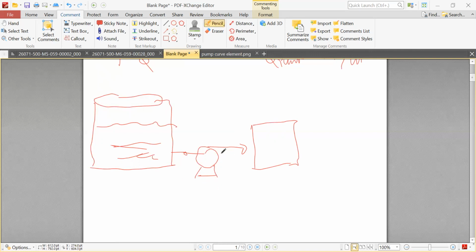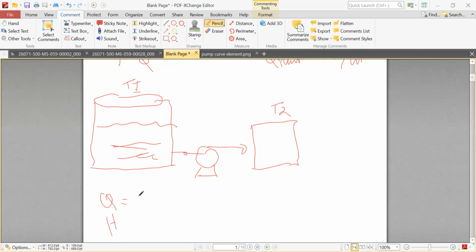So the two parameters, the capacity and the head: the capacity is the total flow that you will transfer, let's say T1 as tank 1 and T2 as tank 2.